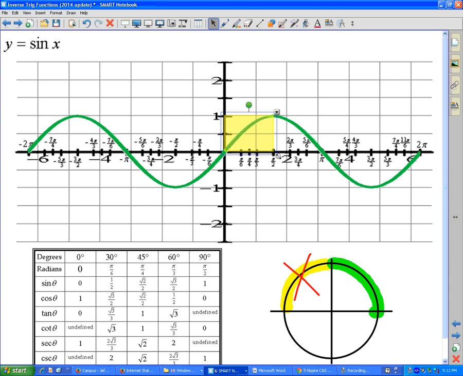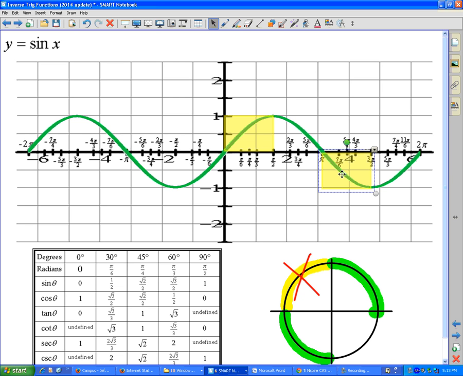Now what if we went into, say, quadrant 3? So what if we started at pi and then headed towards 3 pi over 2? And so the idea here would be to take these quadrant 3 values. Does that help us? It absolutely does. It helps us quite a bit. It gives us all the negative ratios from 0 to -1.